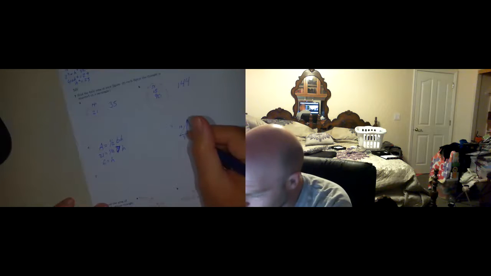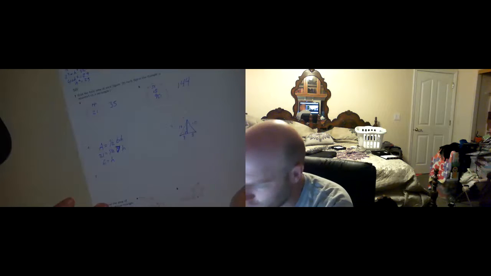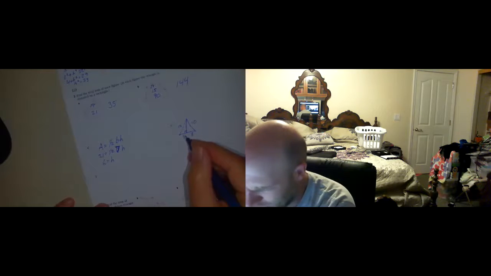The area of an isosceles triangle with sides 10, 10, and 16. 10, 10, and I'm not going to write 16. Instead, I'm going to write 8 and 8 because the median of an isosceles triangle is also the altitude. So I've got one of those 6, 8, 10 triangles.